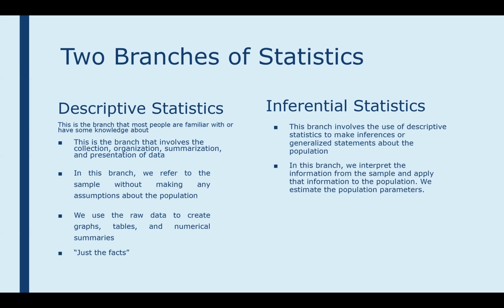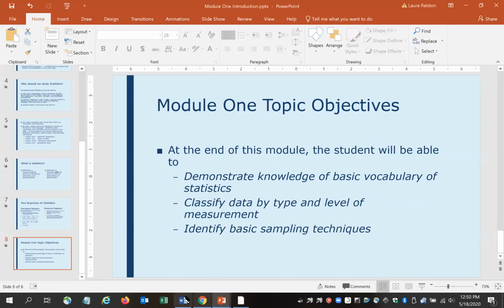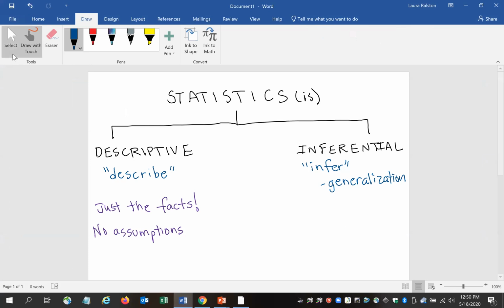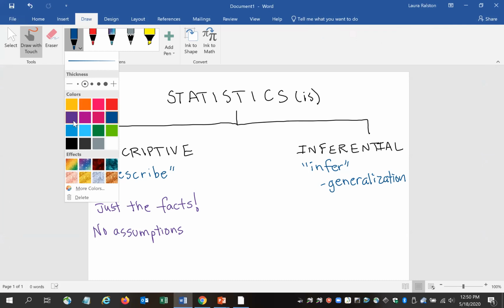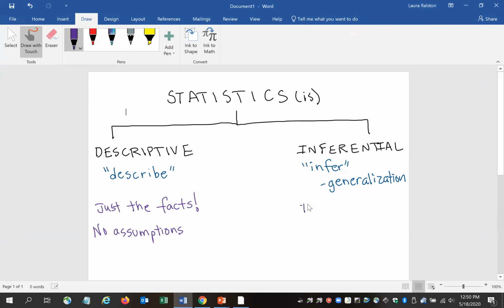So in order to do that, we have to begin to make some assumptions. We're making broad general statements. We are possibly making some assumptions about the group.